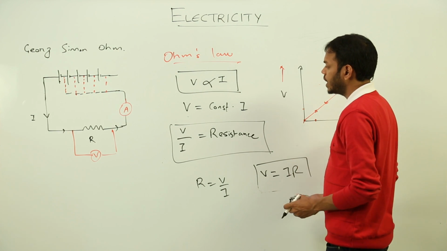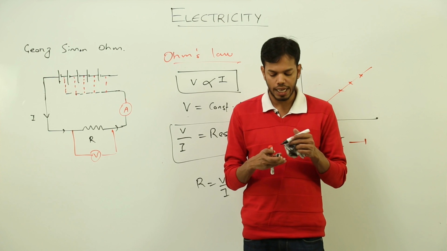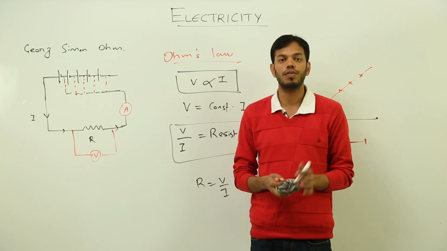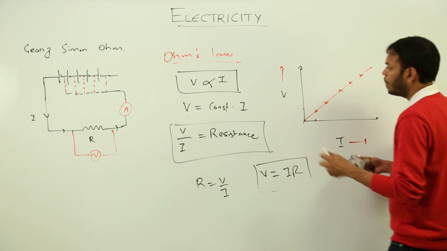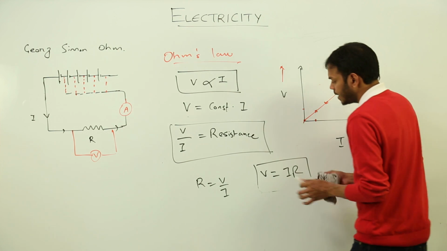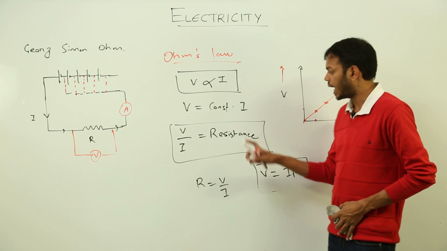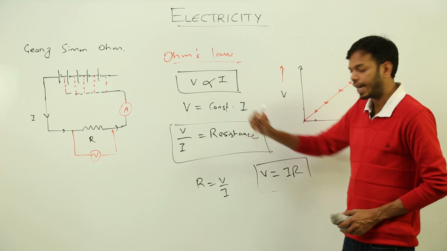I have a formula for resistance, but in order to explain the physical significance of resistance, you have to go back to the basic concept of current. I've told you that resistance is a constant in this equation, right?